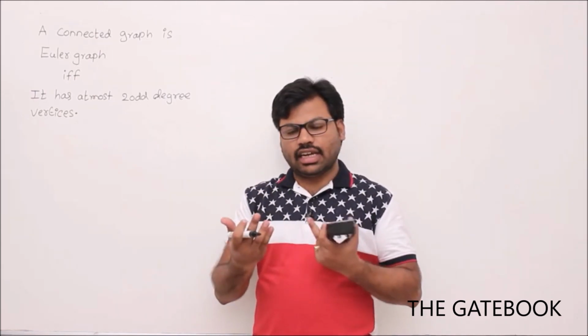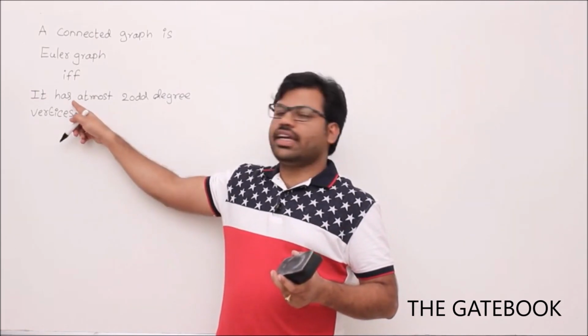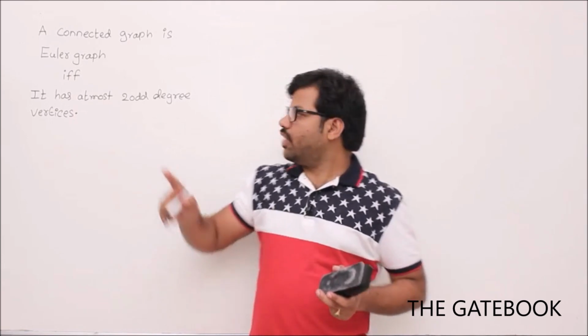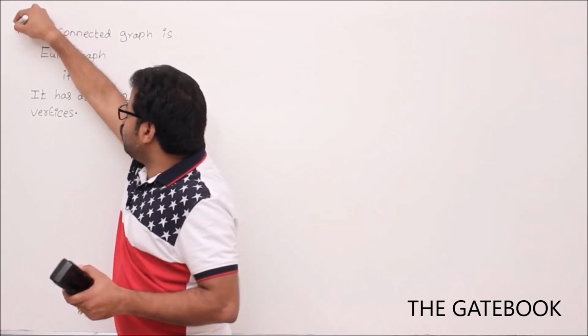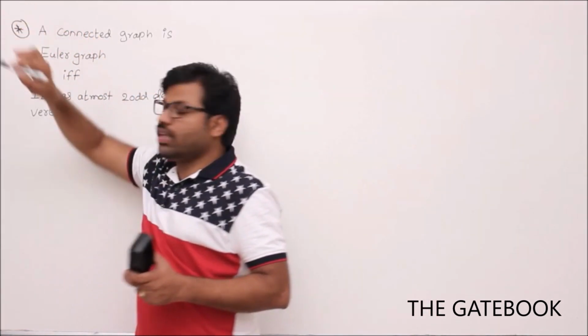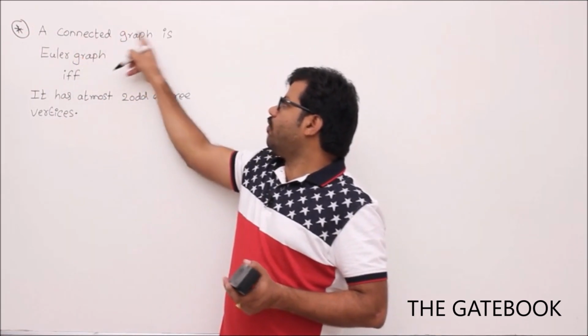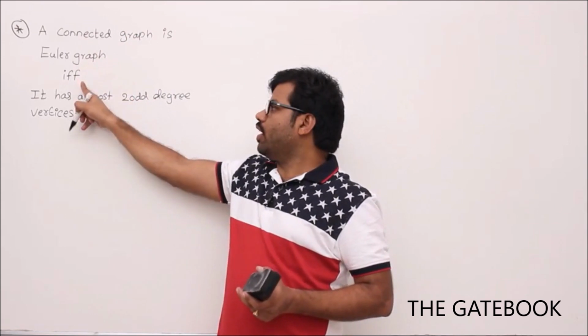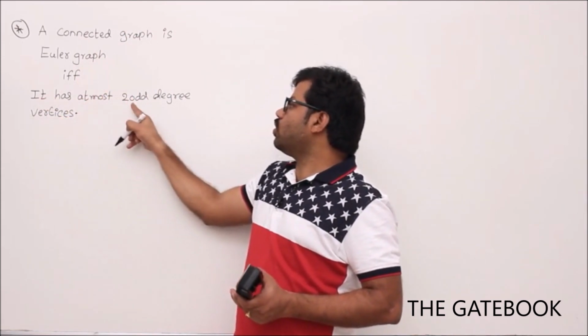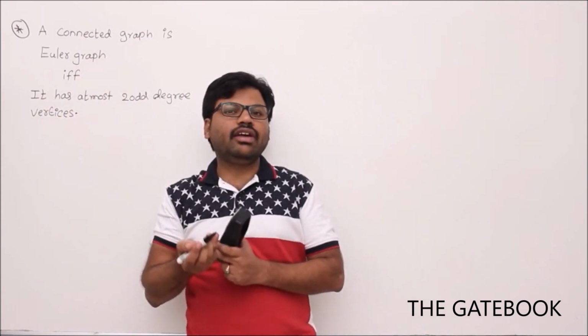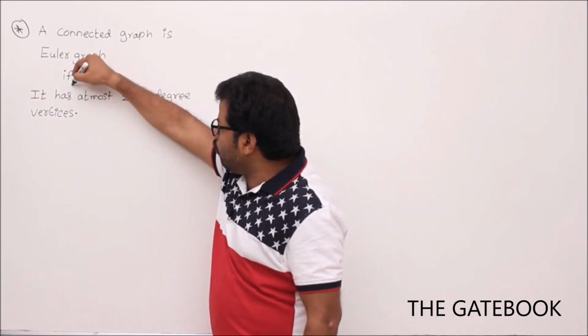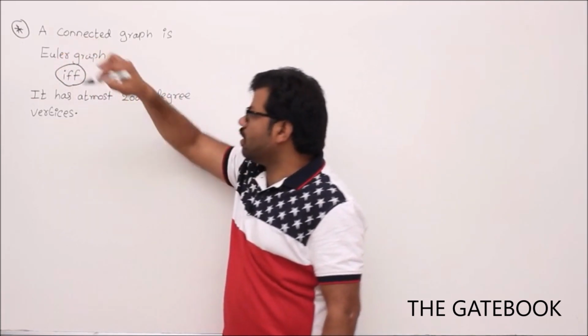We can connect that graph with the odd degree vertices in it. So this is a very important theorem. Using this theorem, we can always find out whether a graph is an Euler graph or not. We'll see that theorem. A connected graph is an Euler graph if and only if it has at most 2 odd degree vertices. Okay. So here 'if and only if' has very much significance.